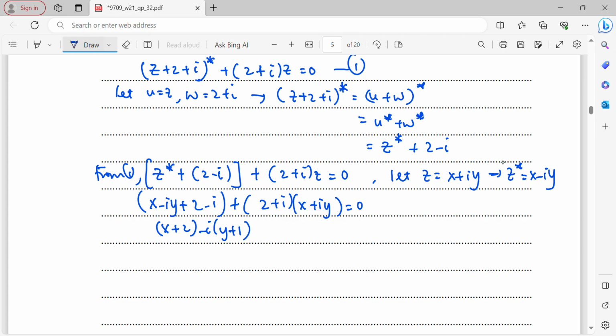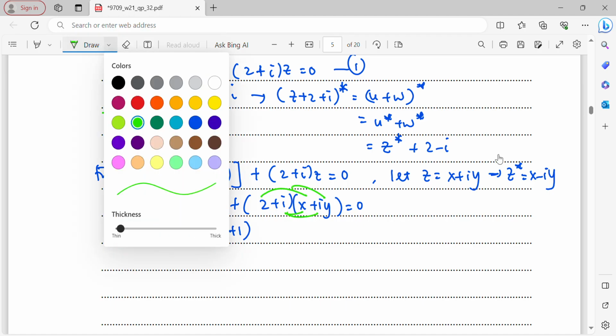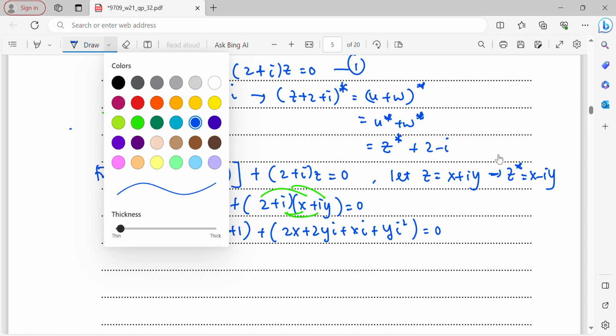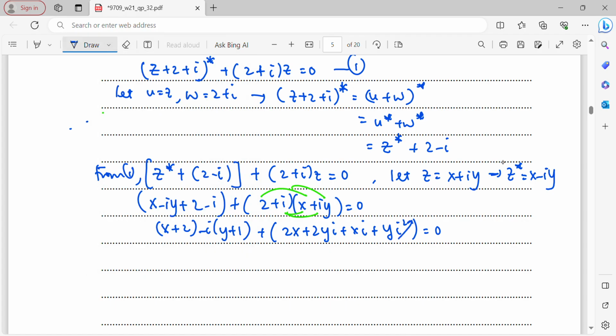Then for the second term, you need to do expansion. When I do expansion, I will get 2x plus 2yi plus xi plus yi squared. For your information, i squared is minus 1.